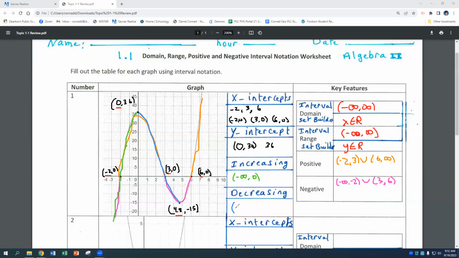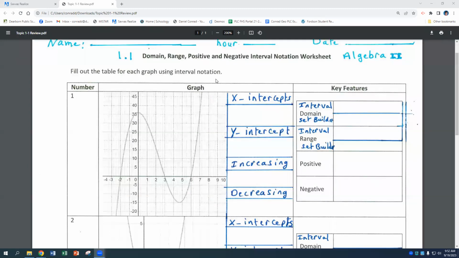So it's decreasing from 0 until 4.8. Okay, and then at 4.8, it begins increasing again, all the way to the right, to infinity. So then we're going to put a union here, 4.8 to infinity. Okay, and those are the key pieces of this graph.